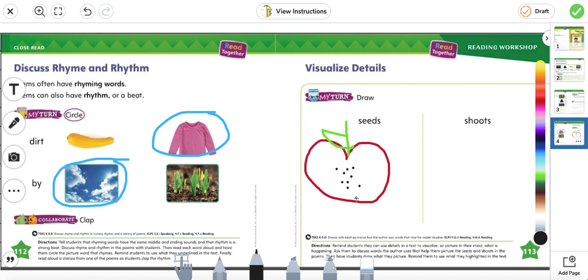I'm going to go ahead and draw an arrow so we know those are the seeds. Next, shoots. Shoots. And here it shows us a picture of shoots. So I'm going to go ahead and draw some grass, and then I'll draw the shoots sticking out. This will be the dirt.